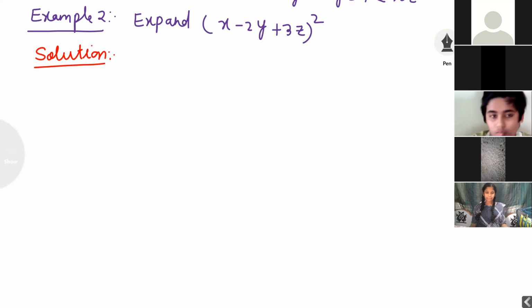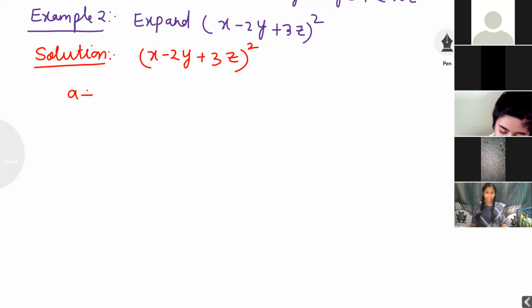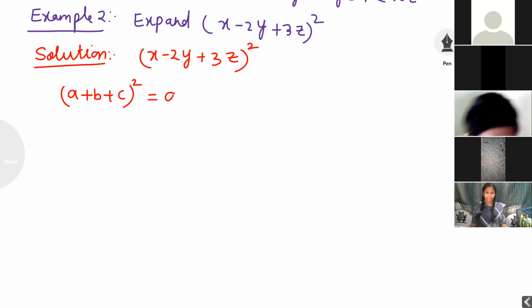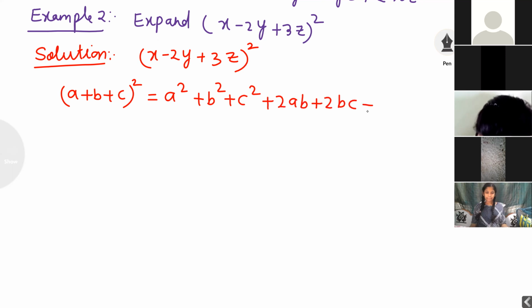Question A is given x minus 2y plus 3z whole square. It is looking like a plus b plus c whole square is equal to a square plus b square plus c square plus 2ab plus 2bc plus 2ca.